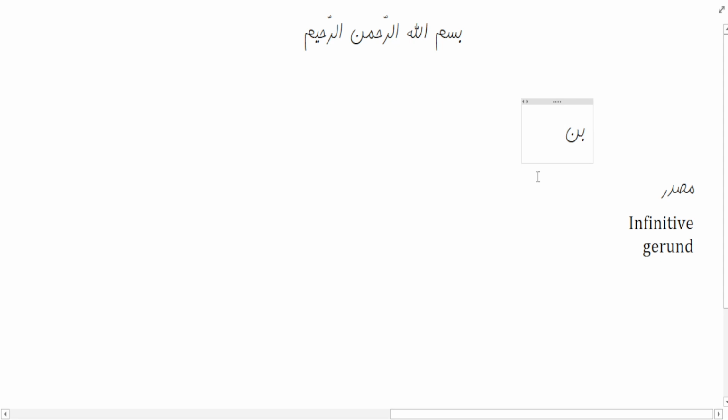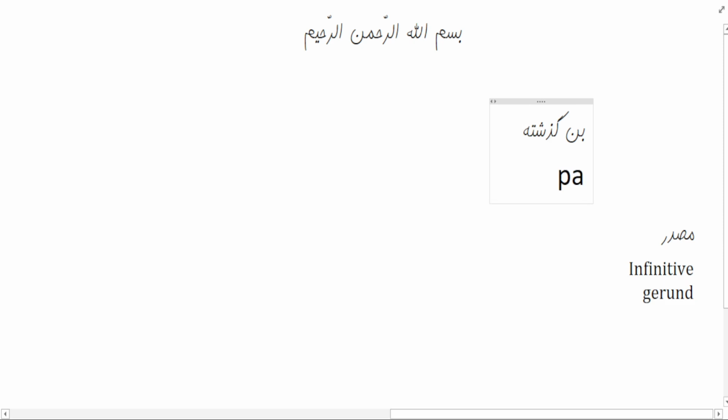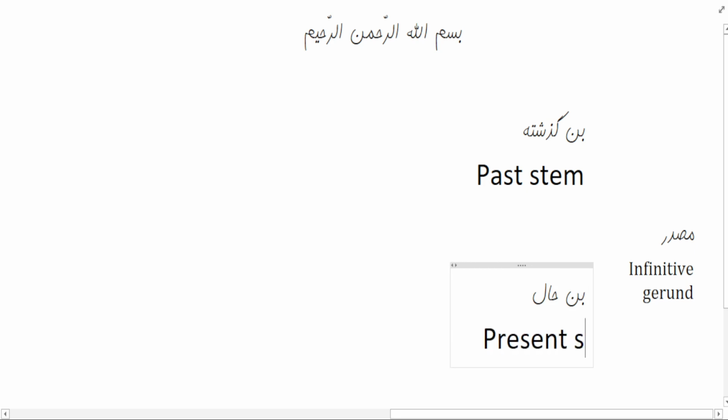And we have two bones in Persian, that is bone gozashte, which means past stem, right? And bone hal, that would be present stem.